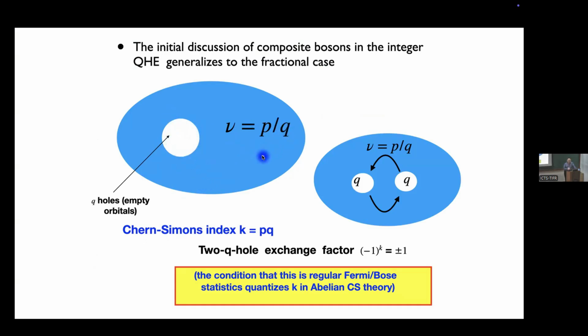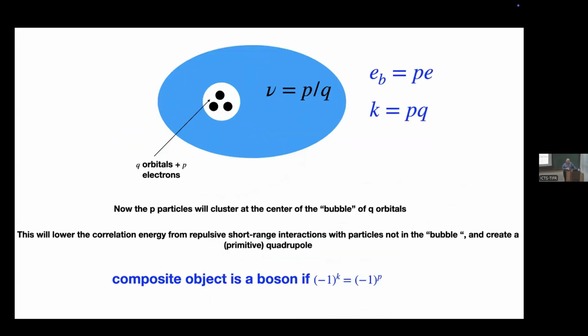So in this case, where the background is p over q, the basic object is this hole, which is a charge-q hole. This object is controlled by a Chern-Simons field, an abelian U(1) level-K Chern-Simons theory, and the integer is p times q. The Chern-Simons theory is actually describing the hole before I put the particles in.